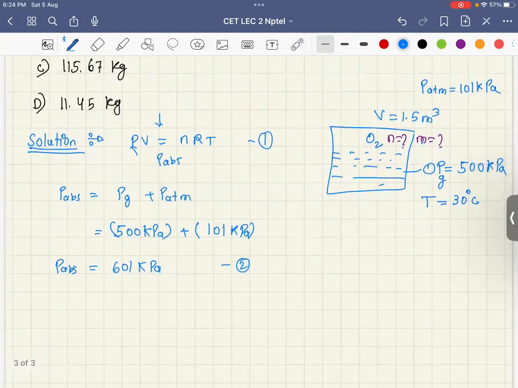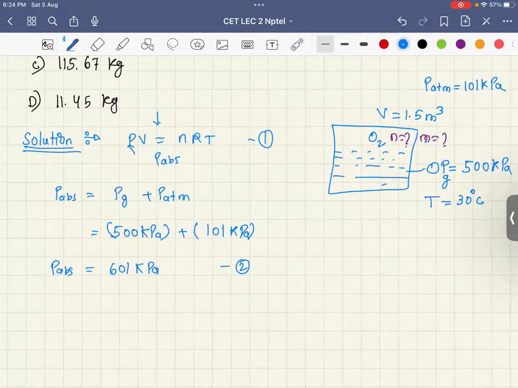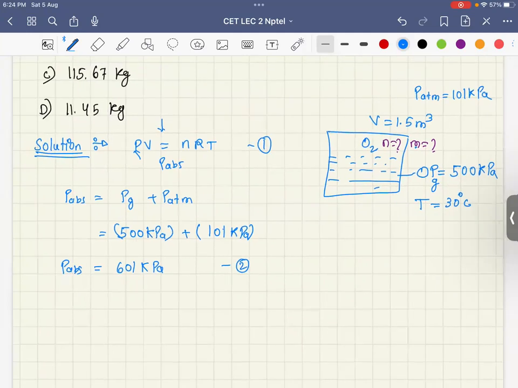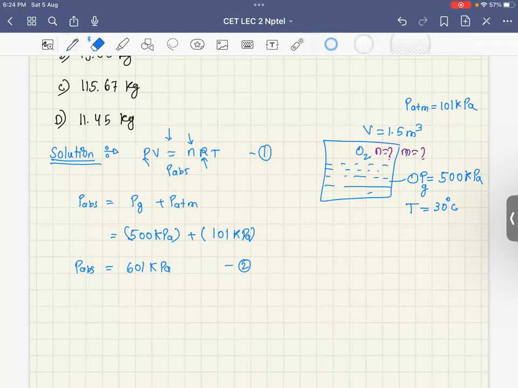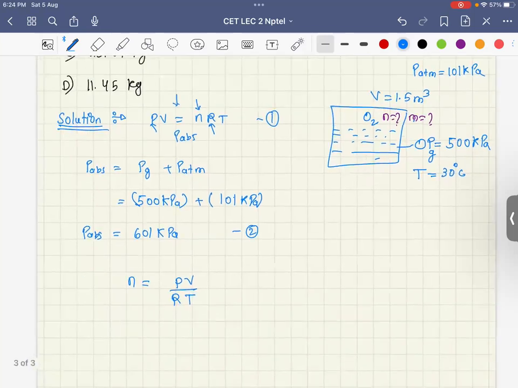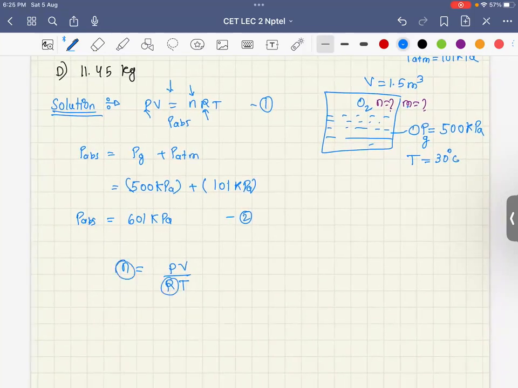So we put in the values. When we use the appropriate value of R, we can convert this from number of moles to mass, right? So let us first write this down. That n is nothing but PV by RT. Depending on the value of R, we get either n or we get m.